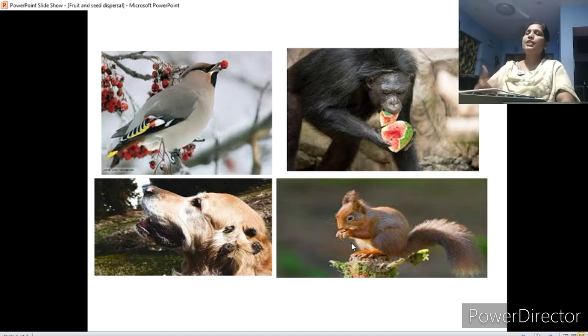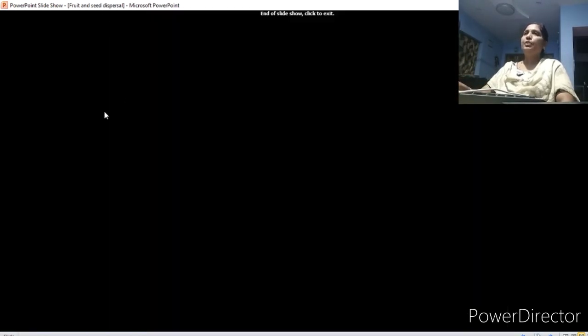So in such a case, these grains start growing into new plants. In this way, different animals help in different seed dispersal processes, based on the type of seed. So that in different areas, we get different plants, continuously growing and giving us fruits, vegetables, nuts, everything.